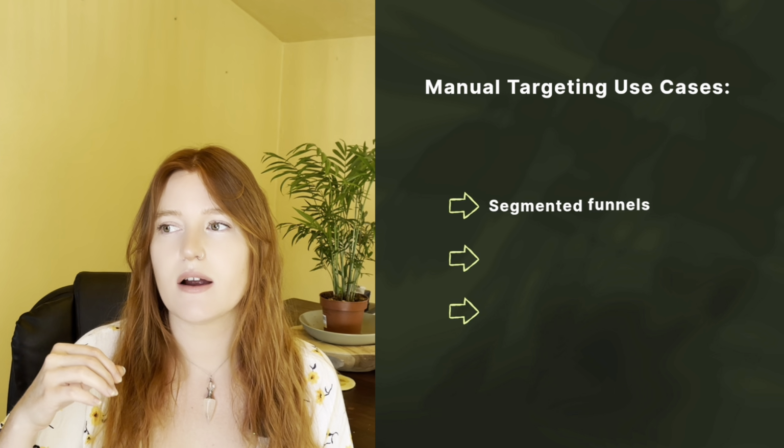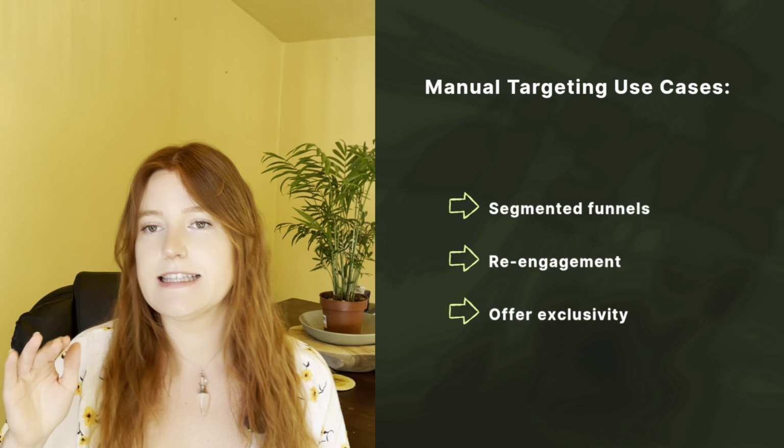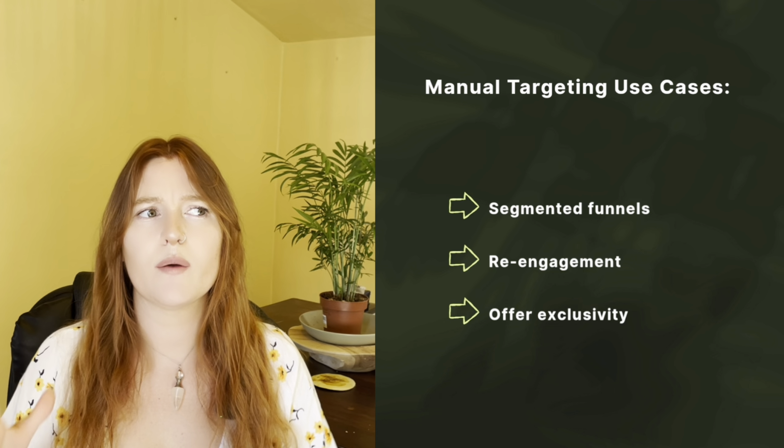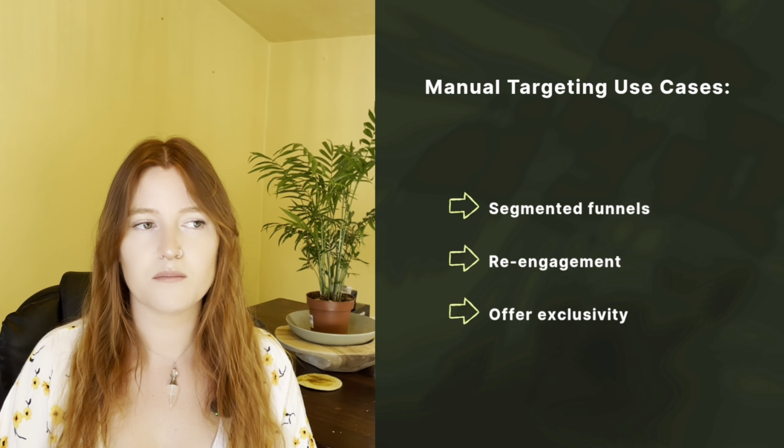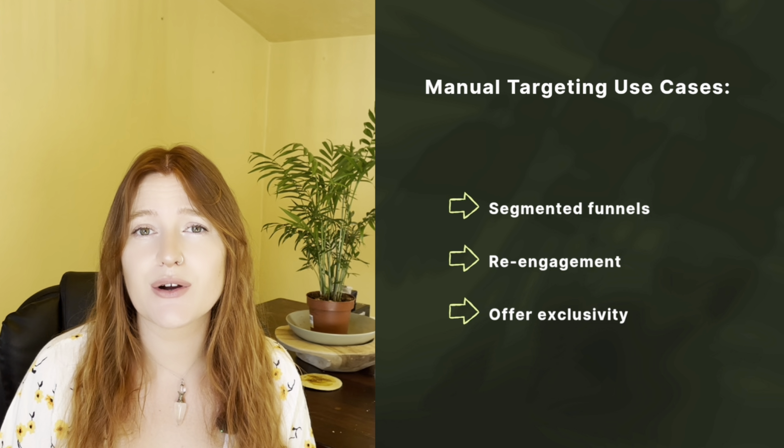Some reasons could be avoiding duplicate targeting or managing audience fatigue, something like that. Manual targeting works when you're running segmented funnel stages or promos to specific groups, say for example, returning customers or recent webinar sign ups. Otherwise, I would trust Meta to optimize.